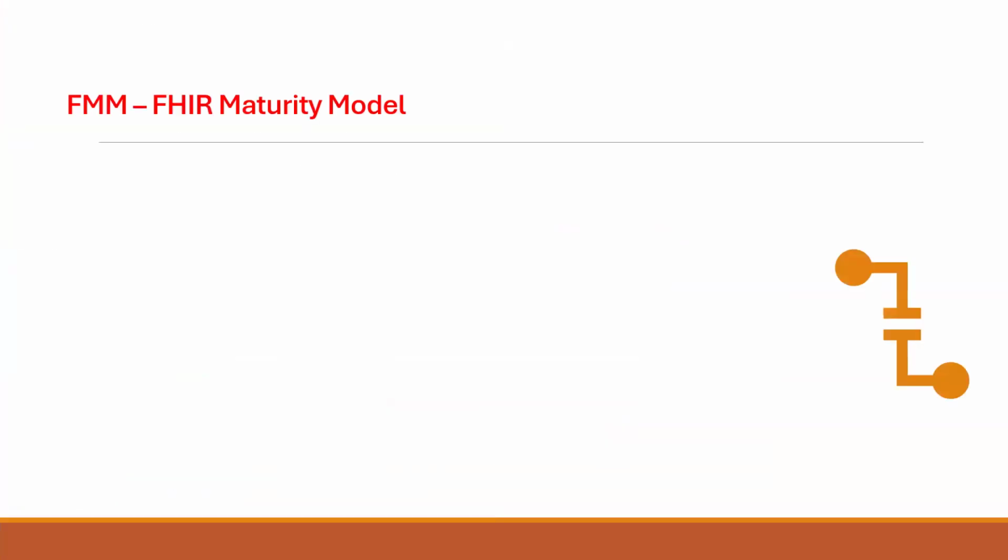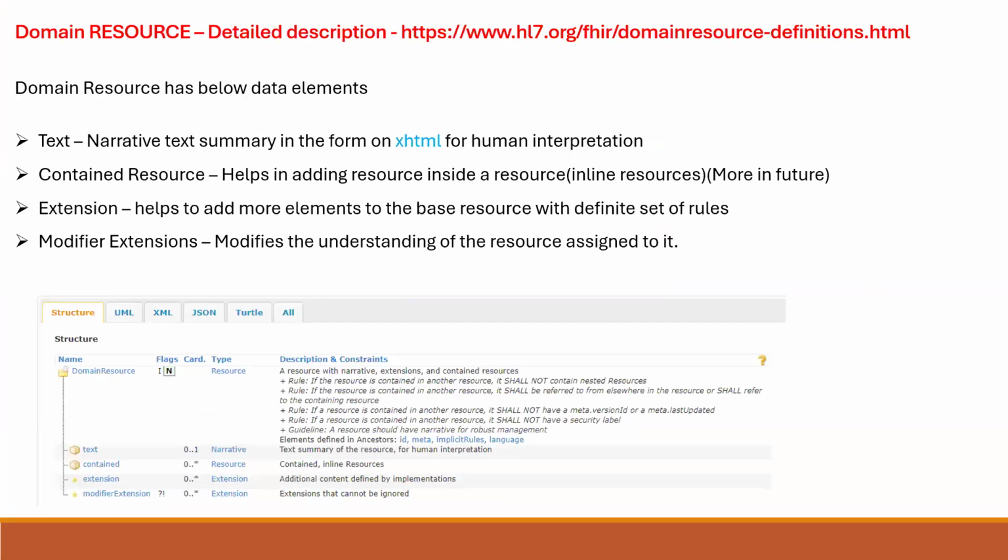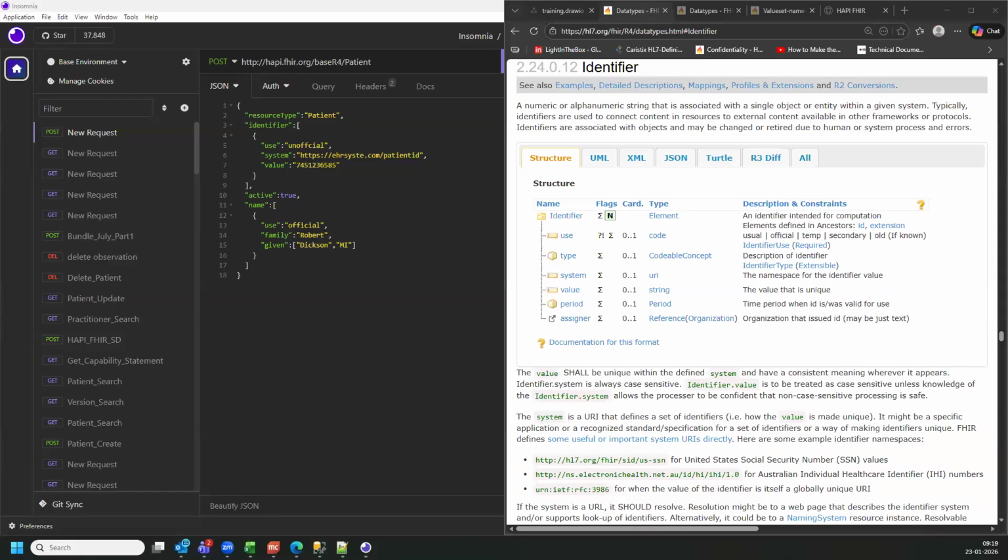And then we will continue taking a look at other things like base resource and domain resources, which are conceptual aspects of adding more number of elements to each resource. All right, so that's what we'll continue taking a look at in the upcoming sessions.